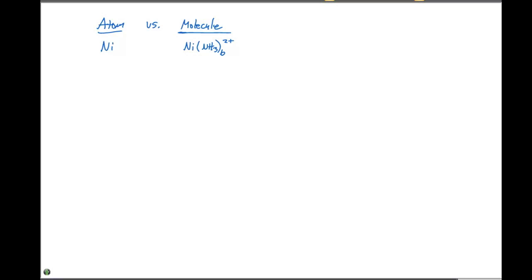So the system that we use to get an electron configuration for an atom is going to be slightly different than what we look at for a molecule.